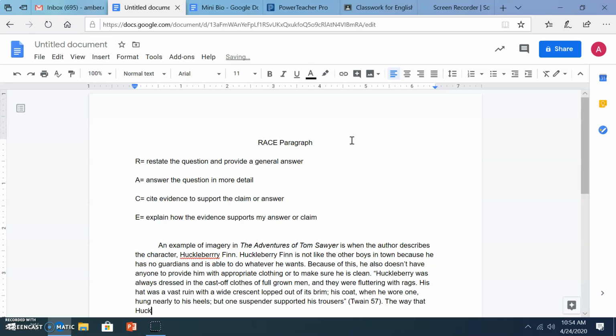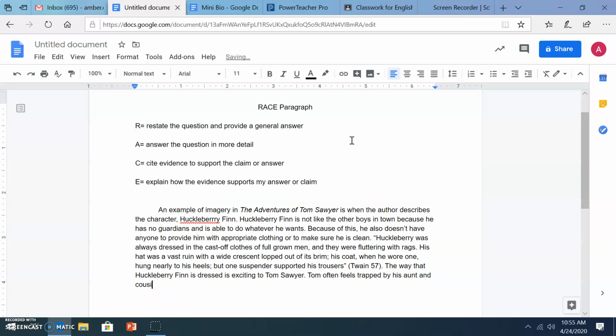The way that Huckleberry Finn is dressed is exciting to Tom Sawyer. Tom often feels trapped by his aunt and cousin Mary, always trying to make him respectable.